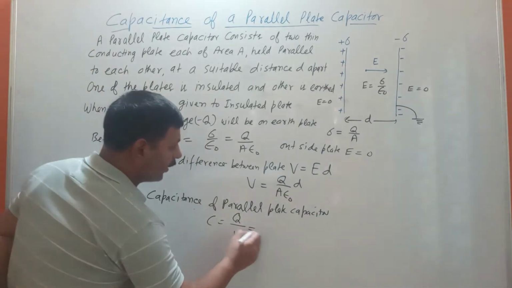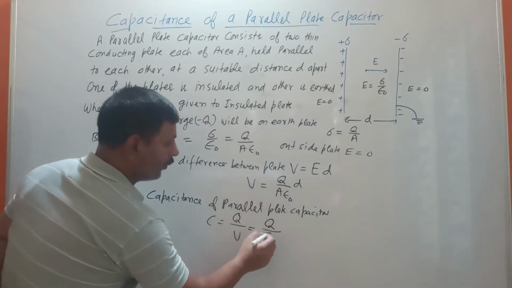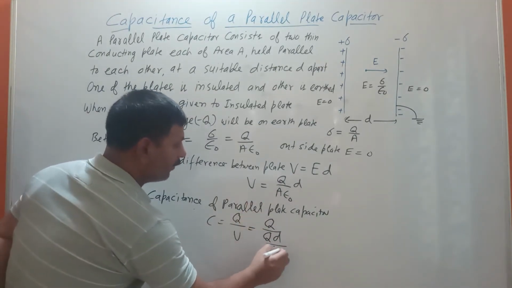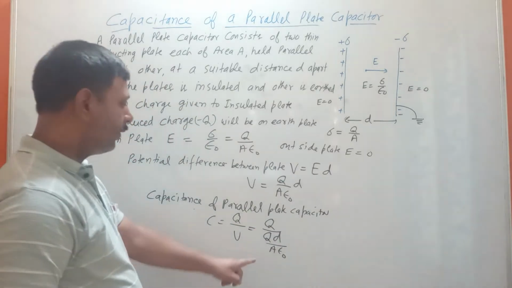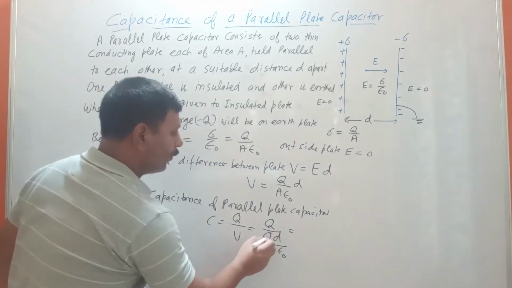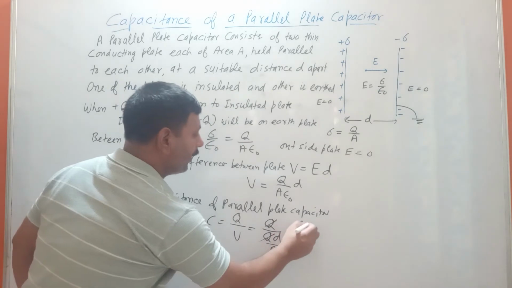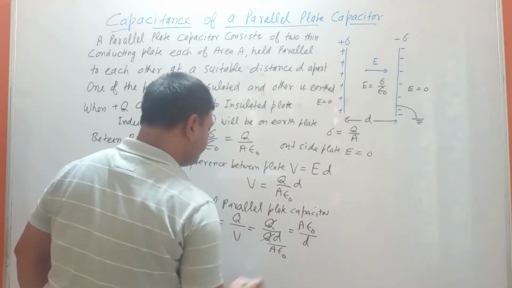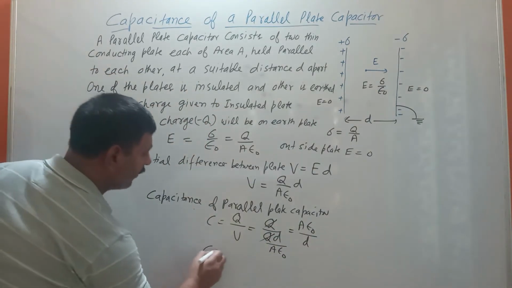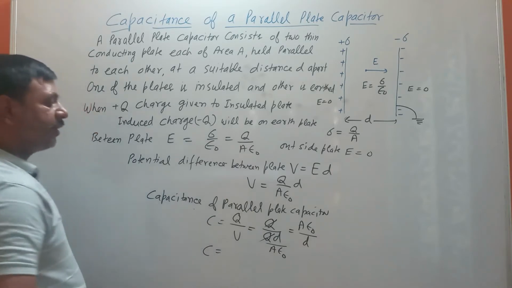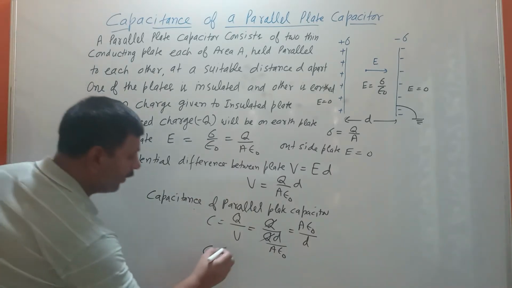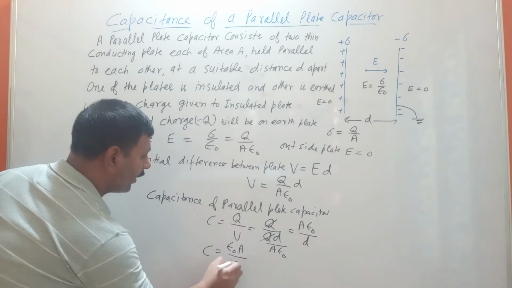Putting this in, Q cancels out, and we get A epsilon naught upon D. So the capacitance of a parallel plate capacitor is epsilon naught A upon D.